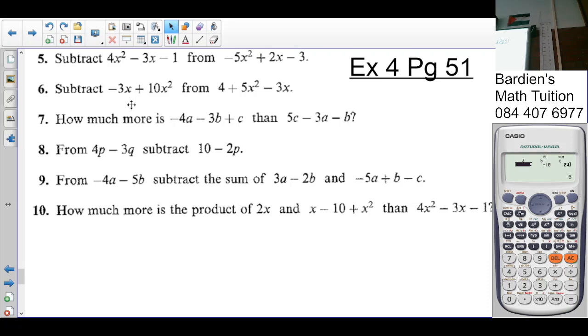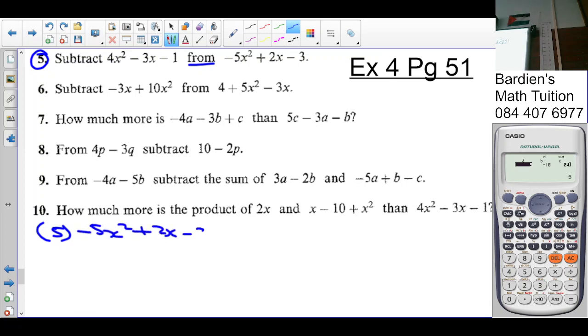Okay, so I'm looking at number 5. We are told to subtract 4x squared minus 3x minus 1 from negative 5x squared plus 2x minus 3. Whatever follows "from", you write first. So it's going to be negative 5x squared plus 2x minus 3 minus, bracket, 4x squared minus 3x minus 1.